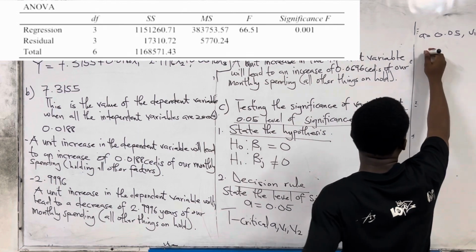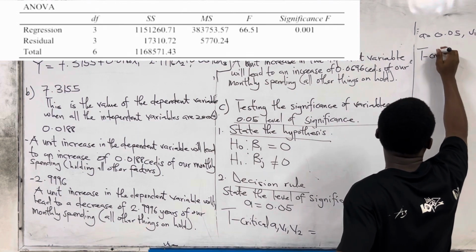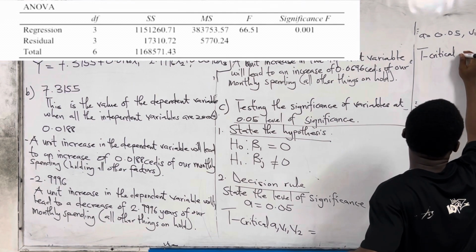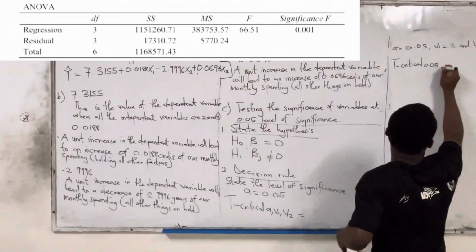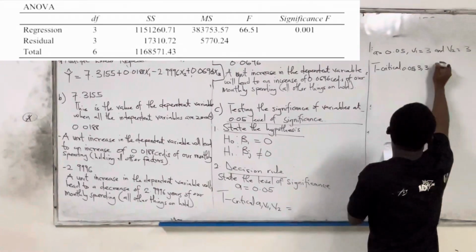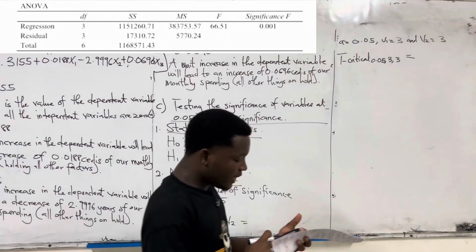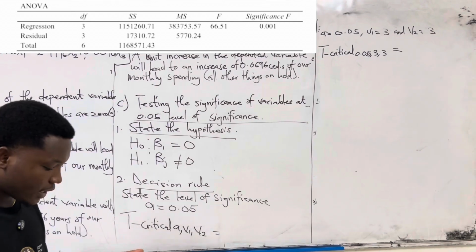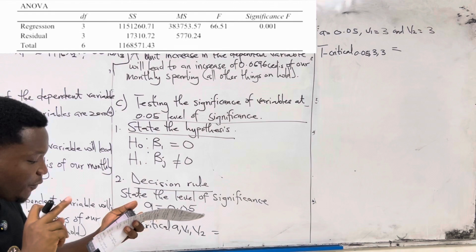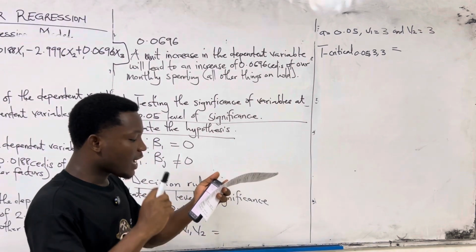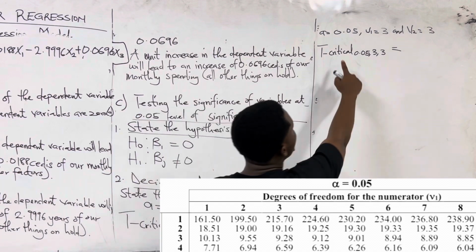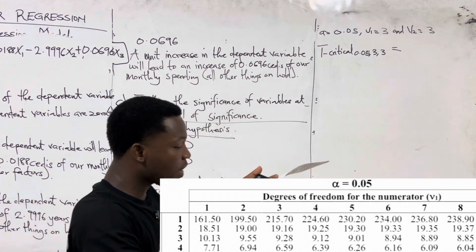So our T critical value will be given to us as 0.05, 3, 3. So you check the table that has been given to you in the question. Checking the table, you see the first table has alpha equal to 0.05. That's the table that we are going to use.